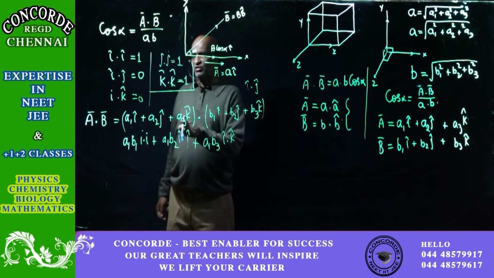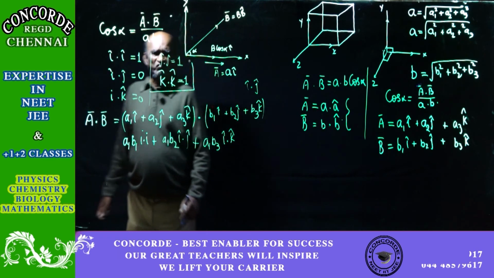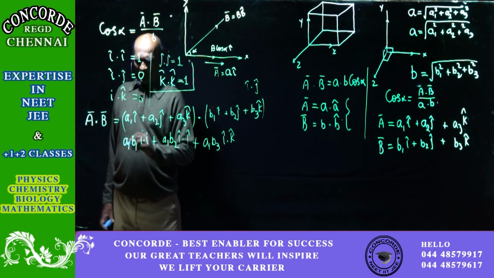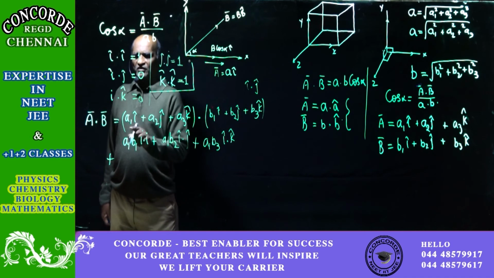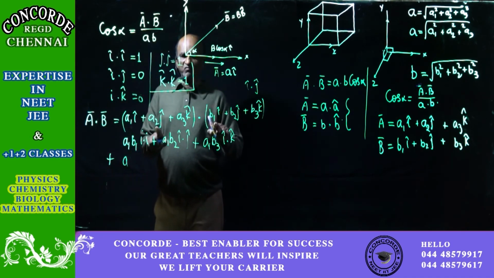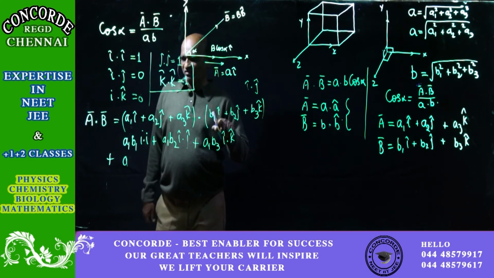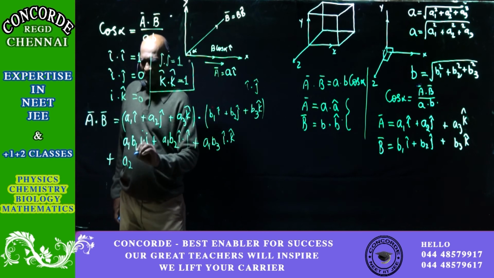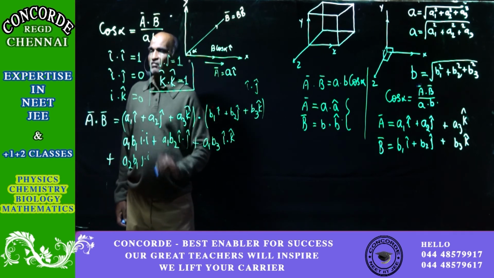Plus other two terms also you have to multiply with each of the terms that is there for the other product. So that will be equal to plus. We have got this is over now, A2 j with this. A2 j dot B1 i. So A2 B1 and then it is j dot i.